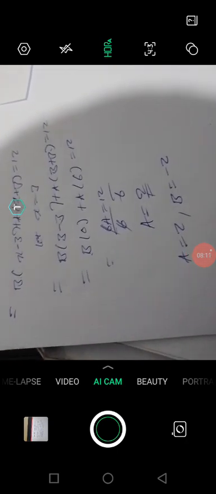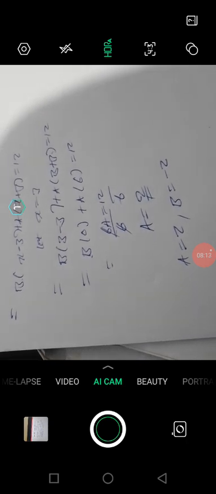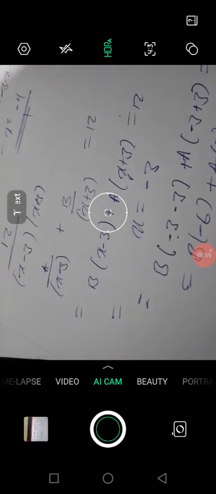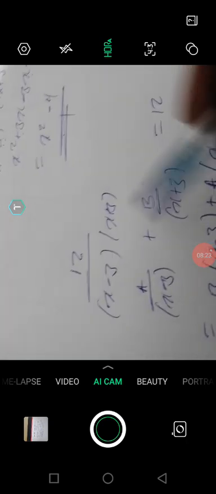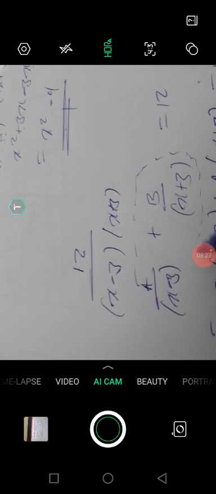And remember here we developed an assumption, we put A and B, looking for the values of A and B. Whatever is A and B, we're going to replace with what we have found there.